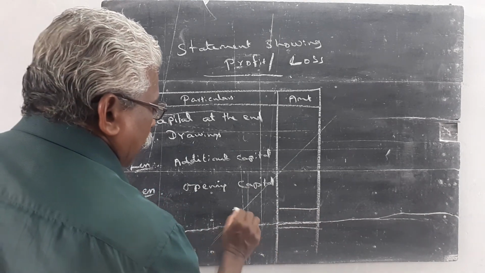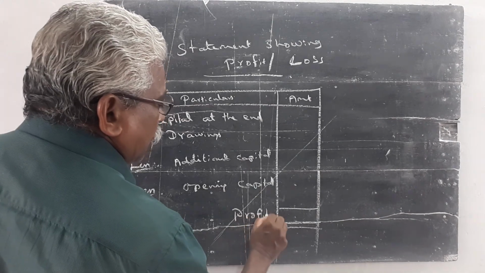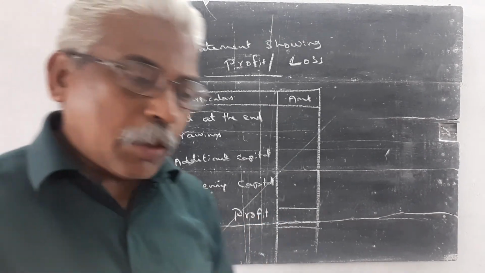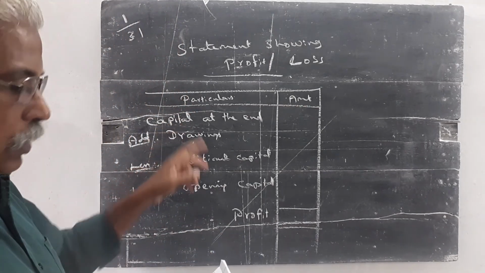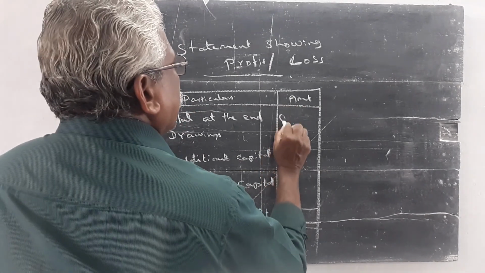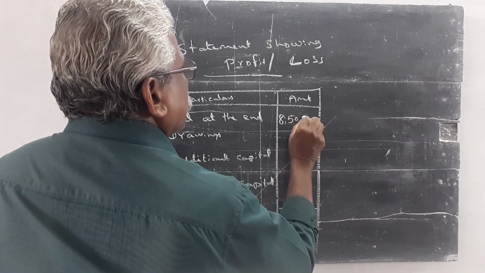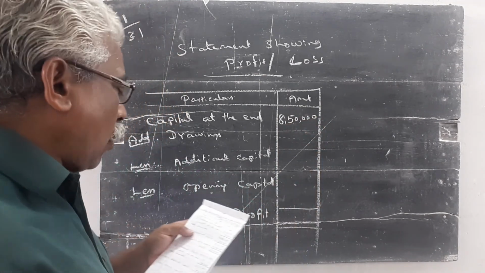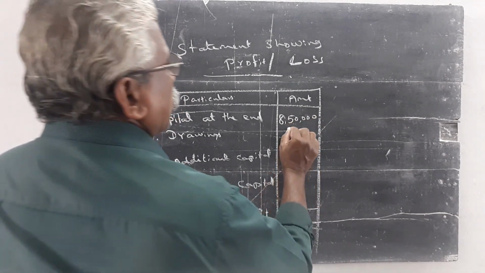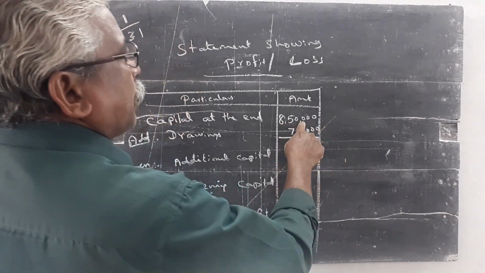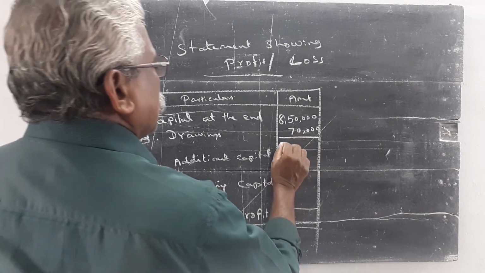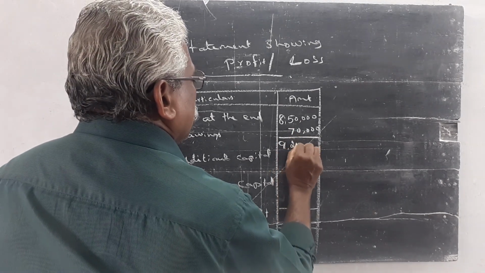In this question, we get profit. The answer is also given in the test book itself. In all the problems, you will get the answer. Then, capital at the end, rupees 8 lakh 50,000. Add drawings. Drawings amount is also given in the question, 70,000. So, 8 lakh 50,000 plus 70,000 is equal to 9 lakh 20,000.